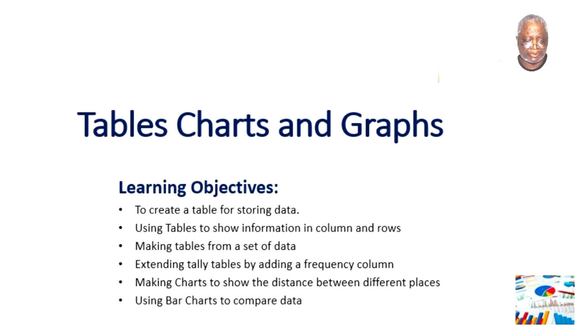Your learning objectives include to create a table for storing data, using a table to store information in columns and rows, making tables from a set of data, extending tally tables by adding a frequency column, making charts to show the distance between different places, and using bar charts to compare data.